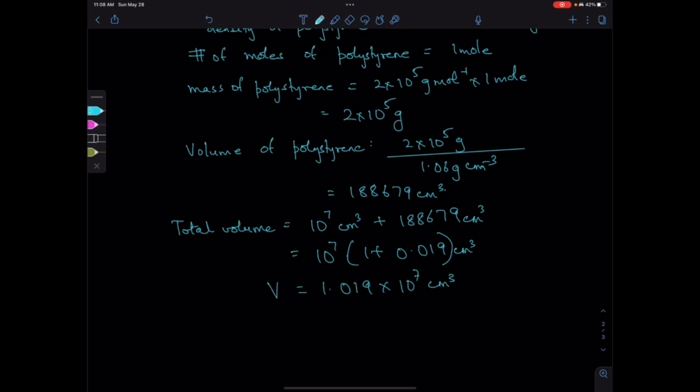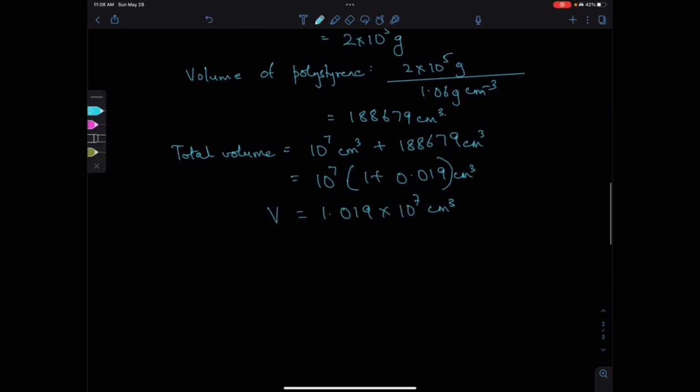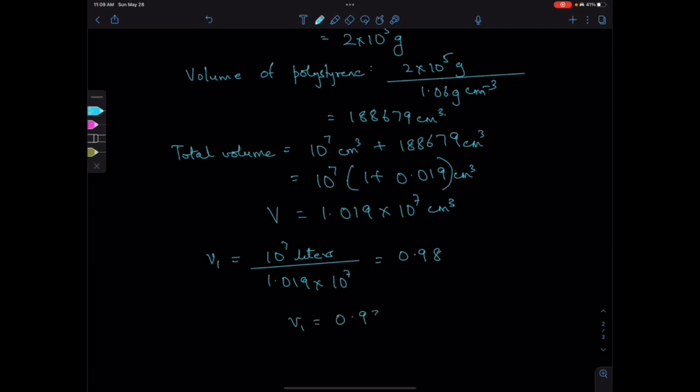So this is the total volume. V1, that is volume of toluene, which is 10 to the power 7 over the total volume, which is 0.98. So V1 equals 0.98.